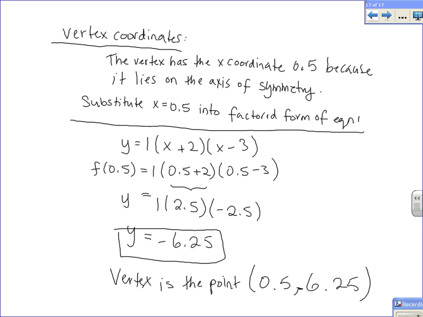There is my vertex. Anytime you have to find the vertex, you know it's on the axis of symmetry, so you use the value of x on that axis, and you substitute that value of x into your equation. And you will come out with a value of y, and that value of y is the y coordinate for your vertex.